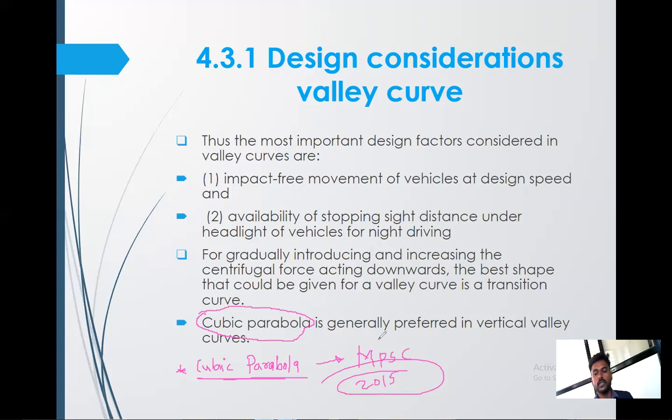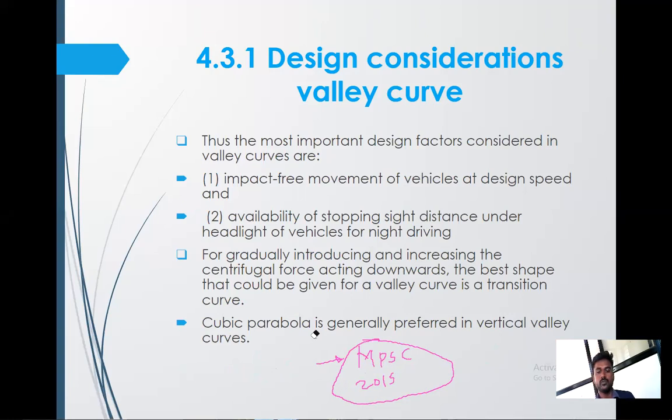If you want, write there that it was asked in MPSC 2015. Write the note there: Cubic parabola is generally preferred in the vertical valley curves.